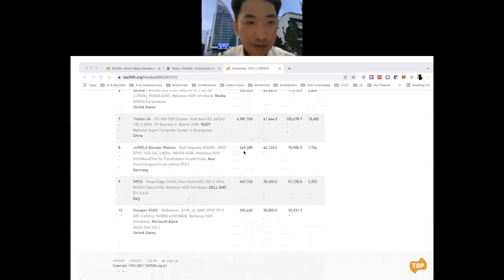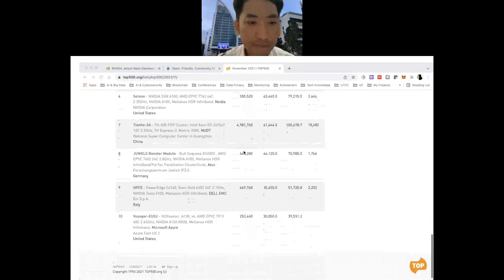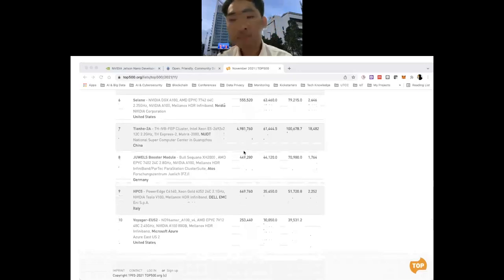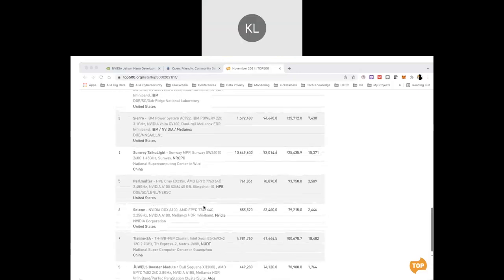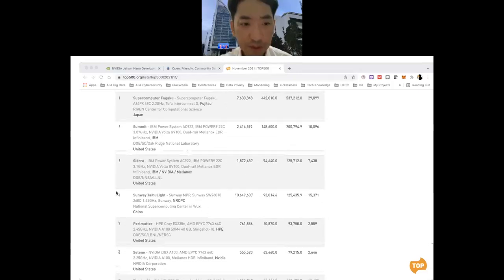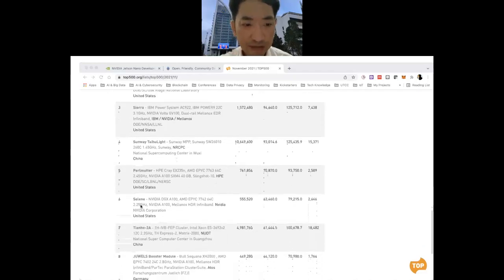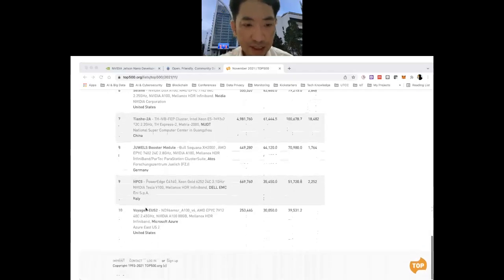And what else can you notice from the information here? Which country has the most supercomputers in the list? USA, I think. I think so. The world number 2, number 3, number 5, number 6, and number 10.